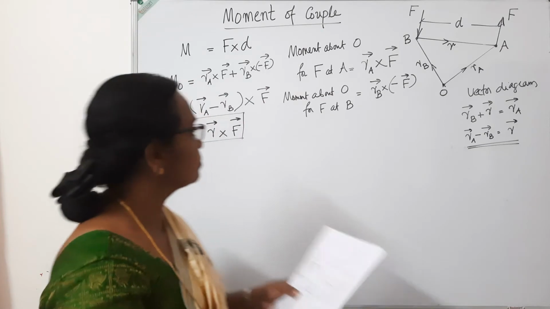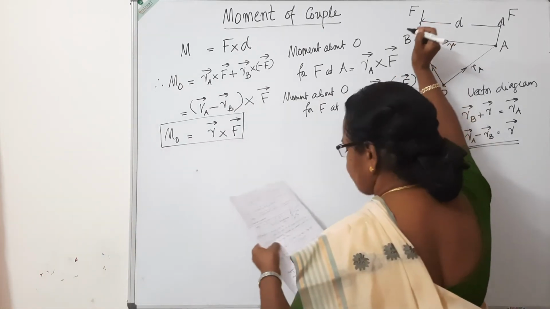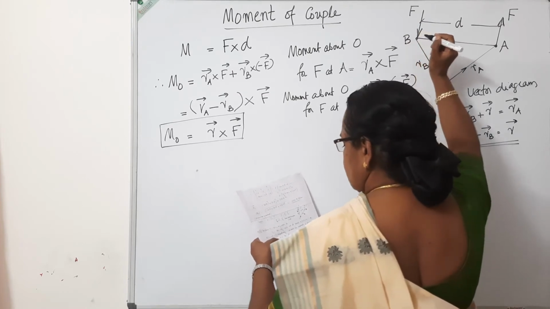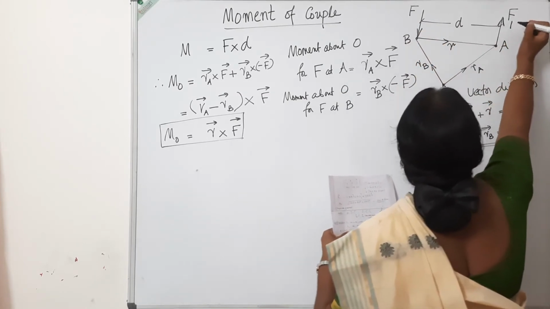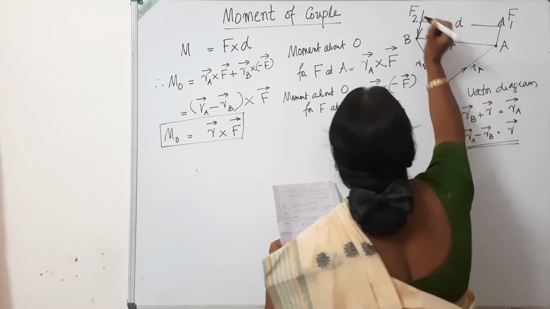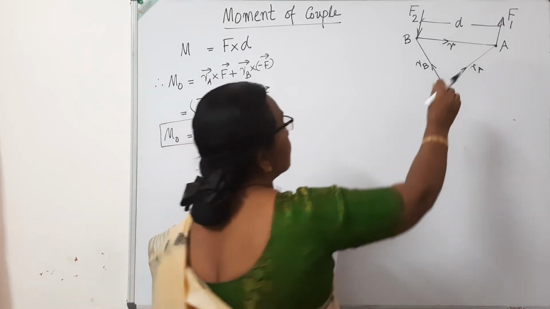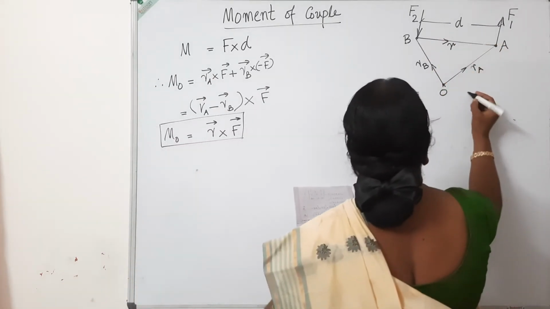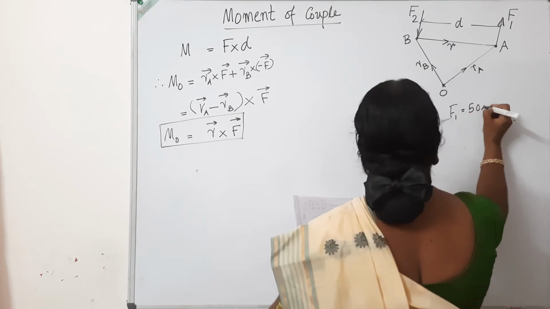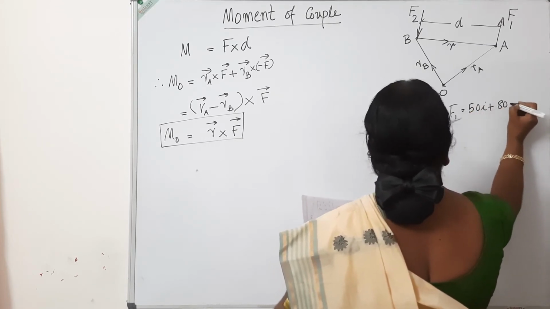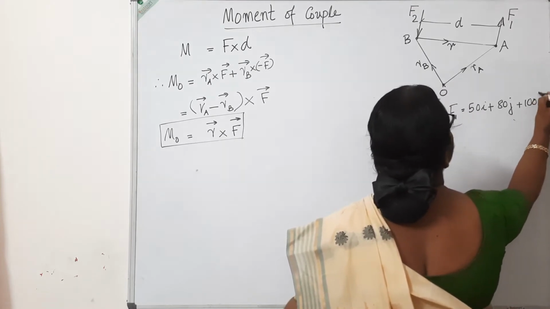So the question is, we are given two forces. One force is F1, the other one is F2. F1 acts at A. So this is F1, this is F2. F1 is given as 50i plus 80j plus 100k.